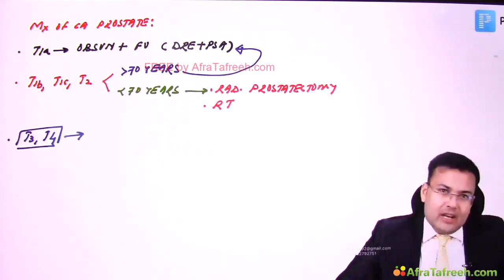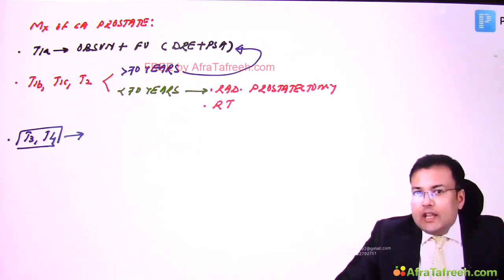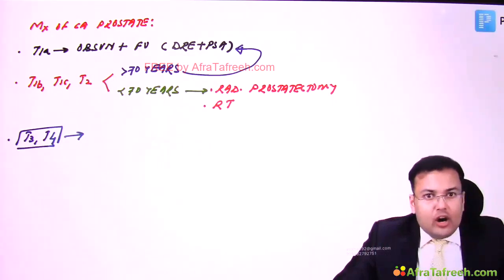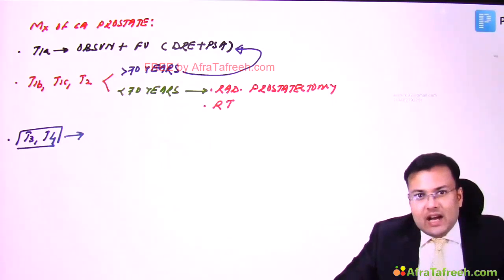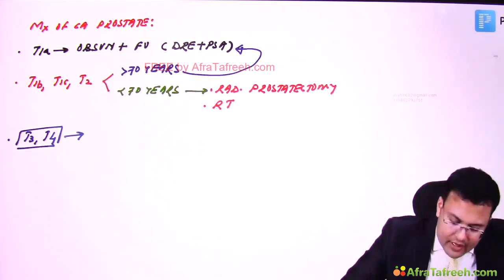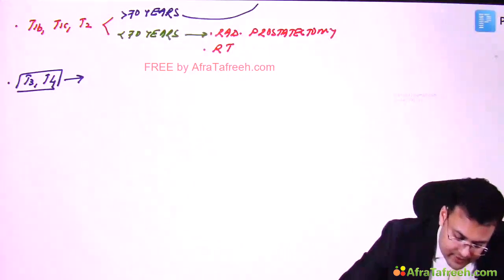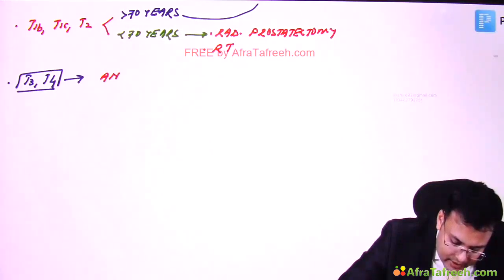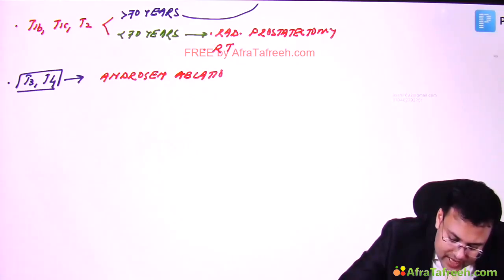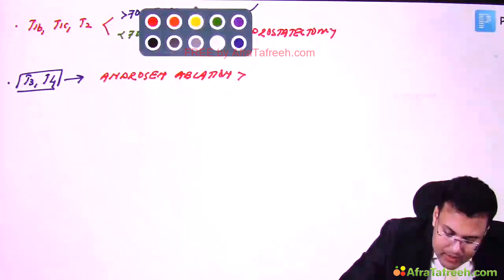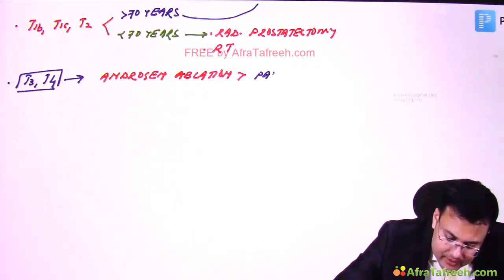So how can we go for androgen ablation? We can go for bilateral orchidectomy, or we can use LH-RH agonist. So for T3 and T4, the preferred strategy is what? It's the androgen ablation. This androgen ablation is preferred over palliative radiotherapy.